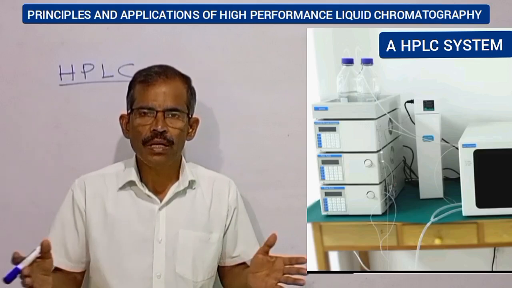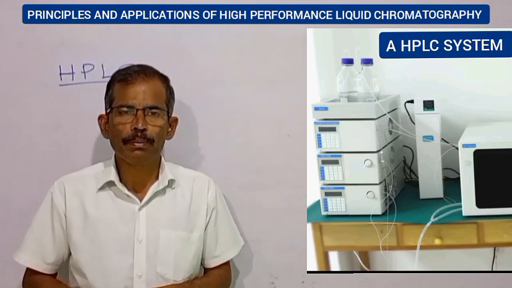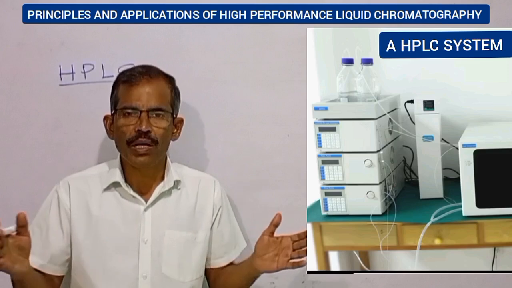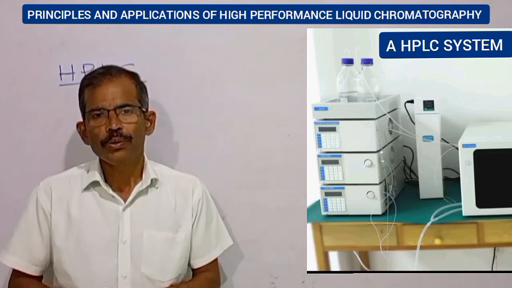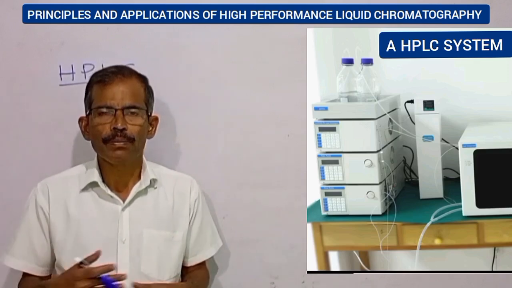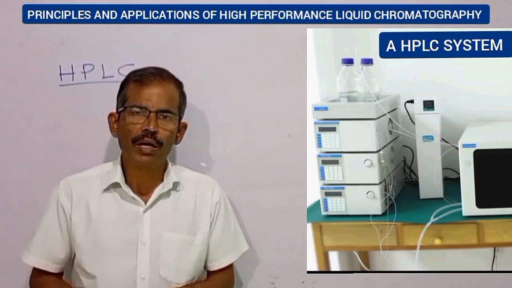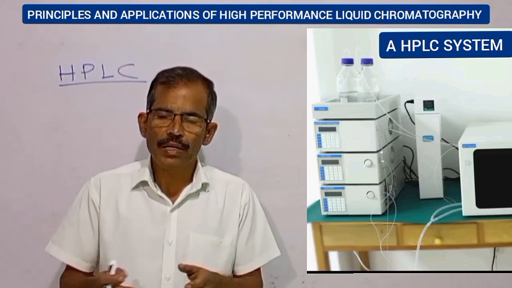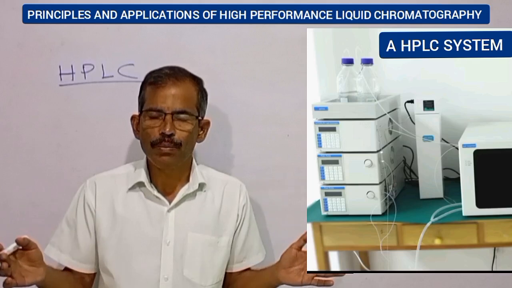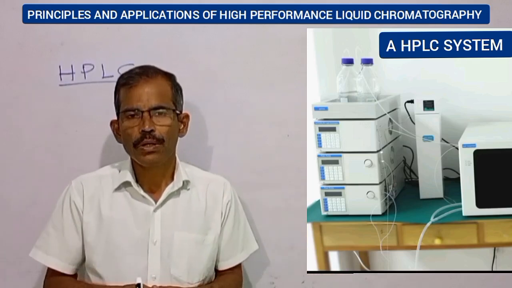Usually, a conventional chromatographic experiment takes an unusually long time. To reduce the time of the experiment, one can increase the flow rate of the mobile phase, thereby reducing the retention time of the sample components.